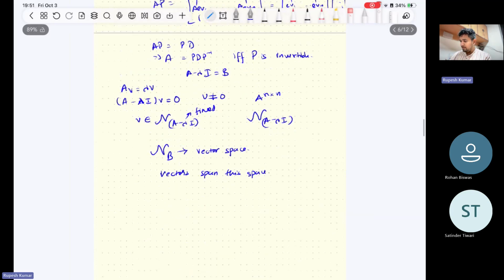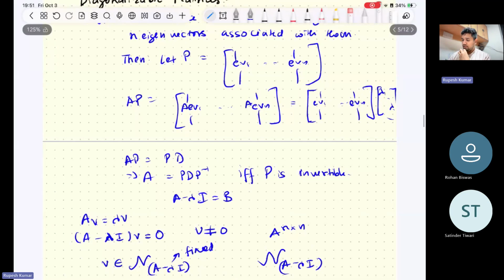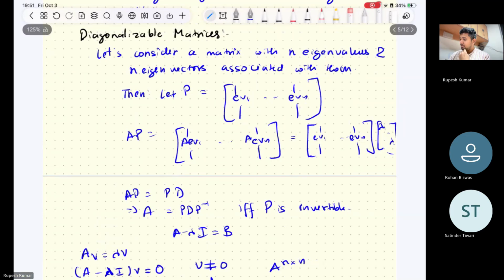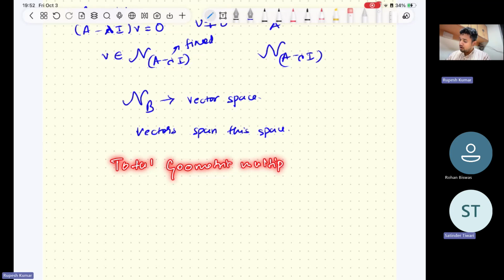Now, if you want to discuss diagonalizable matrices and their property, all the eigenvectors have to be linearly independent. So the total geometric multiplicity should be how many?